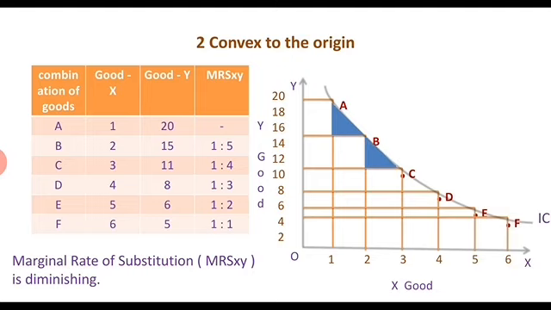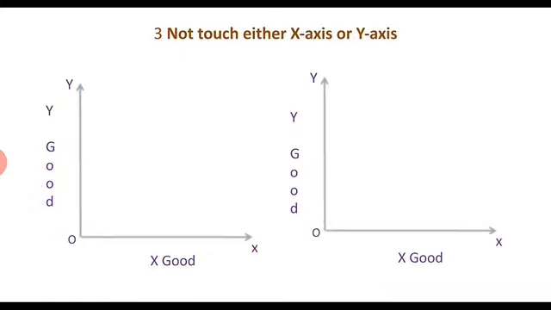At the beginning it is 1 is to 5, and next 1 is to 4, 1 is to 3, 1 is to 2, and 1 is to 1. So because of the diminishing marginal rate of substitution, the indifference curve is convex to the origin.